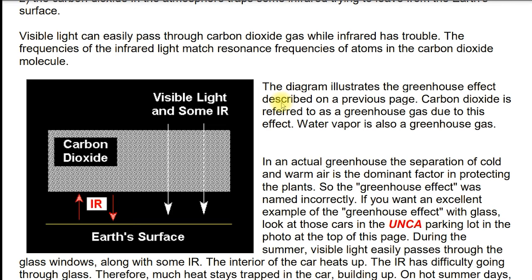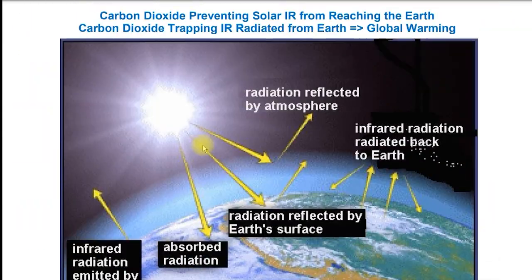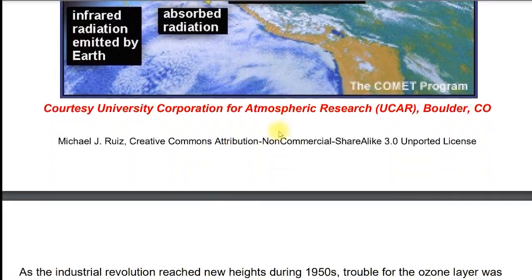Well, you want to know the general idea that in the greenhouse effect, the visible light gets through, but when the upholstery in a car or the ground gets heated up, the infrared can't get through. So you want to know that conceptually, like a GRE type question. This diagram is similar.